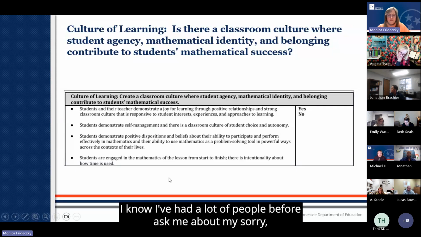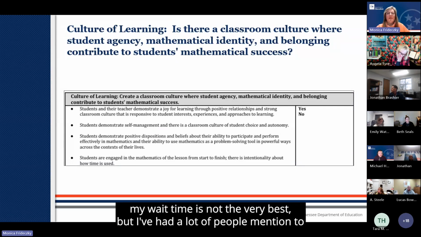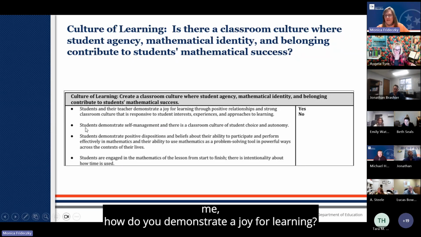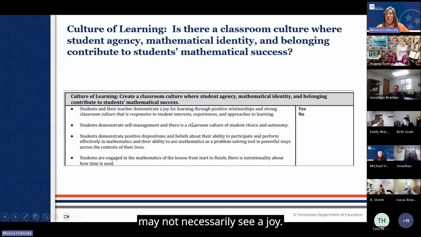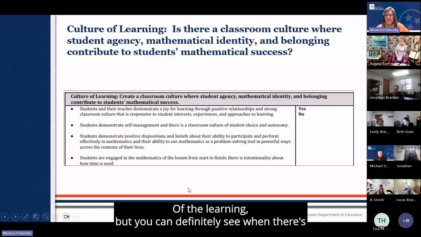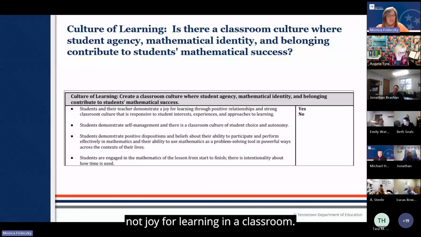I know I've had a lot of people ask me, how do you demonstrate a joy for learning? Or how do you see a joy for learning? That may be one of those things that you may not necessarily see a joy of learning, but you can definitely see when there's not joy for learning in a classroom.